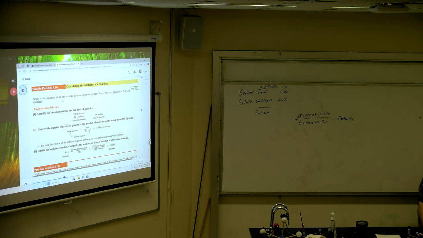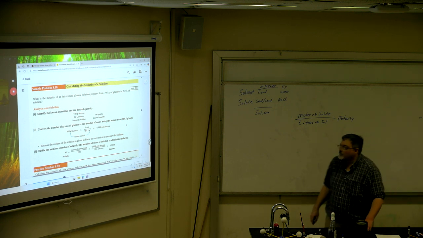What is the molarity of this stuff prepared from 108 grams of glucose and 2.0 liters of solution? All right, what you need for glucose here, yeah, they give it to you. I would give this to you. You could calculate it if it was something simple like NaCl, the grams per mole. But whenever moles come up, just realize you're probably going to be dealing with grams per mole.